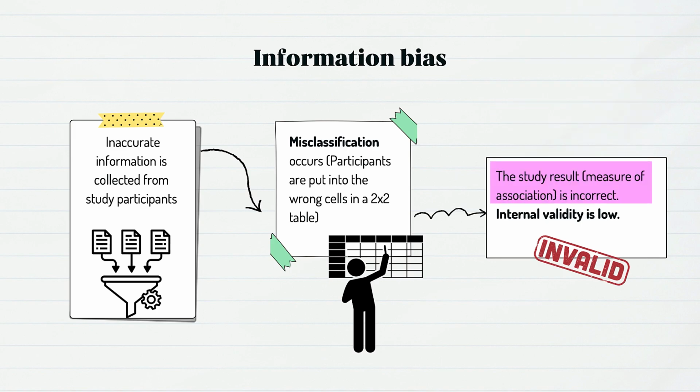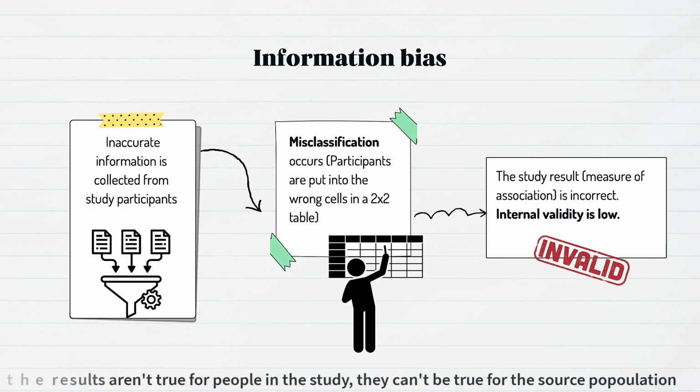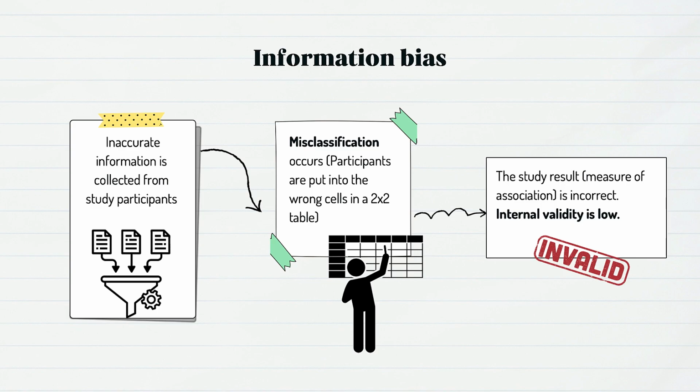So if you're calculating risks and risk ratios, they are wrong. And this means that your internal validity is low. The results are not true for the people in the study. And if the results aren't true for the people in the study, they're also not true for the people outside of the study. So you can't have external validity without first having internal validity.